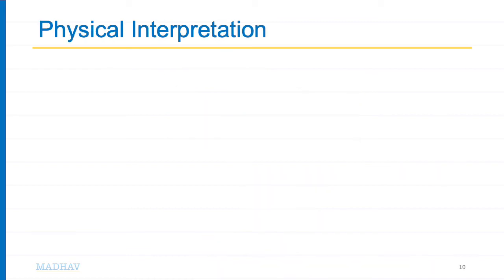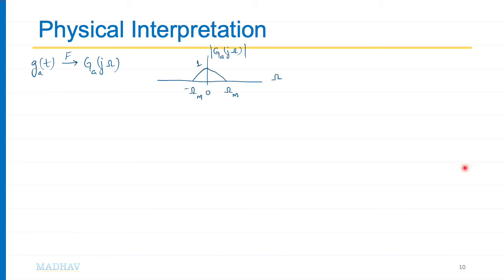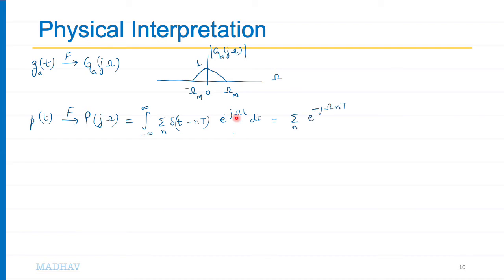Very simple. Now, what is the physical interpretation? So imagine you have g_a(t), the analog signal, and the continuous time Fourier transform is GA j omega. Let's plot it something like this. So it has non-zero values between minus omega m to plus omega m. Now you multiply it with the periodic pulse train, which has a Fourier transform of P j omega, and we have already seen that this is the Fourier transform of the pulse train, and it comes out to be something of this form.